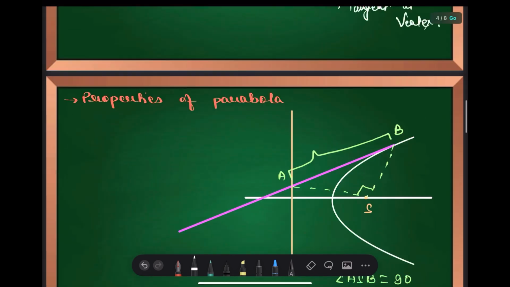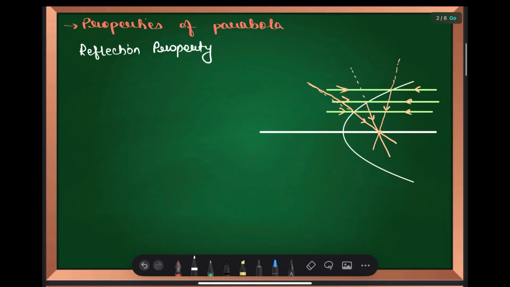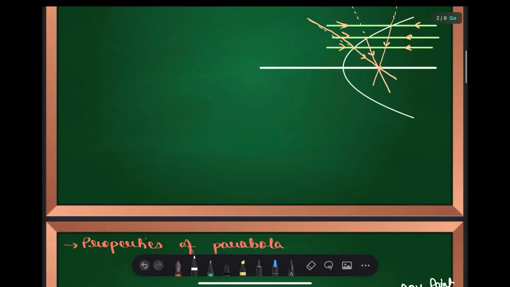I'll repeat again. If you have a circle whose diameter is the focal length, your circle will touch the tangent at the vertex of the parabola. If you have a circle whose diameter is the focal chord, your circle will touch the directrix. If you draw lines parallel to the axis of the parabola, after reflection those lines will pass through the focus.